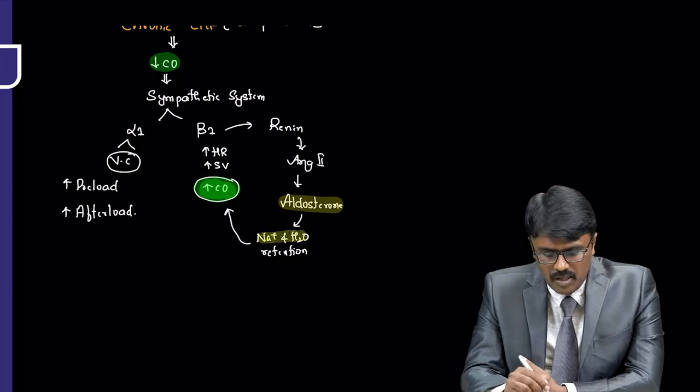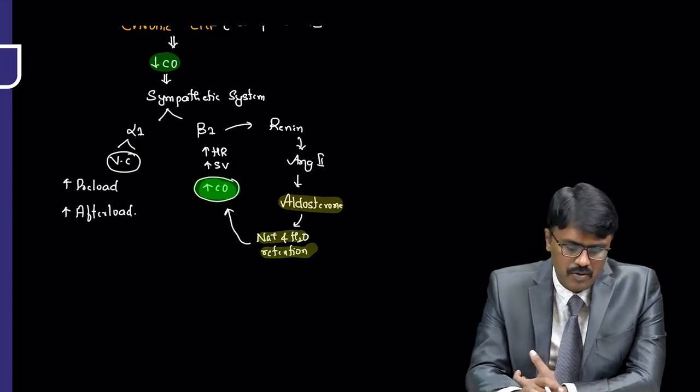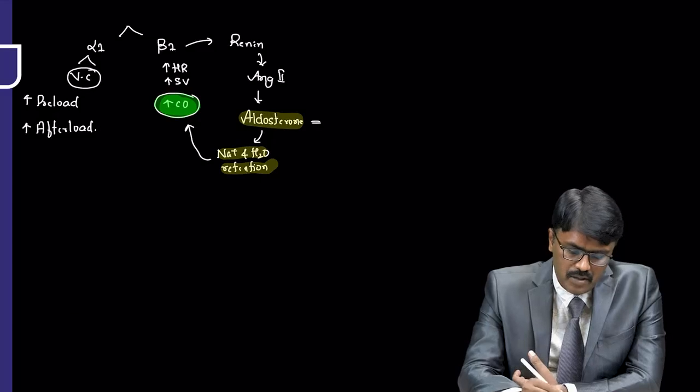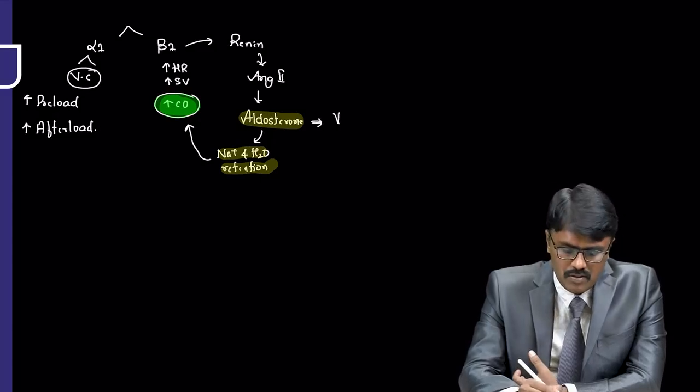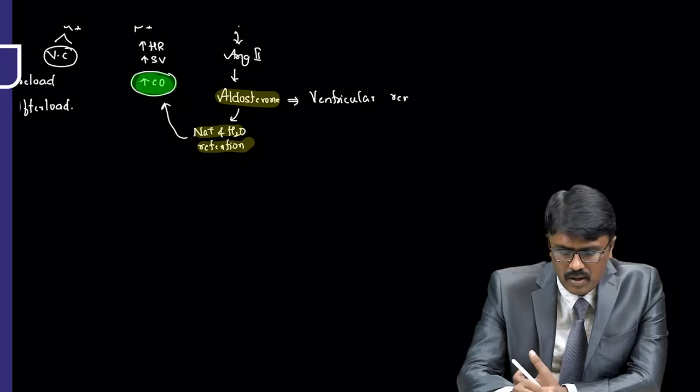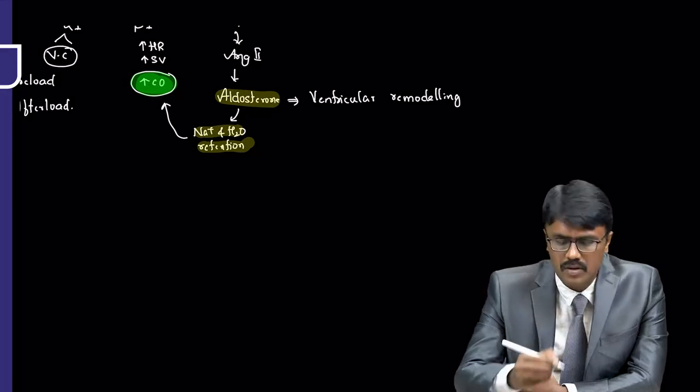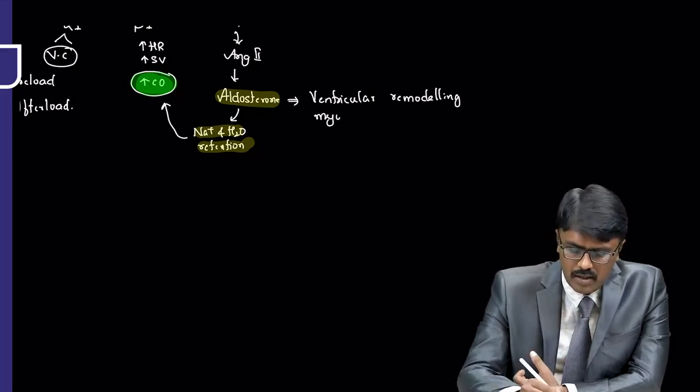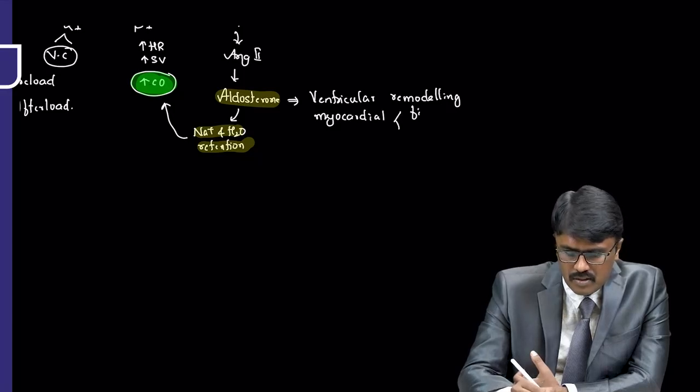Number one, the fluid accumulation occurs. Number two, I told you in the RAS pathway, aldosterone is the culprit which causes ventricular remodeling. It causes ventricular remodeling. Not only that, it causes myocardial fibrosis and apoptosis.